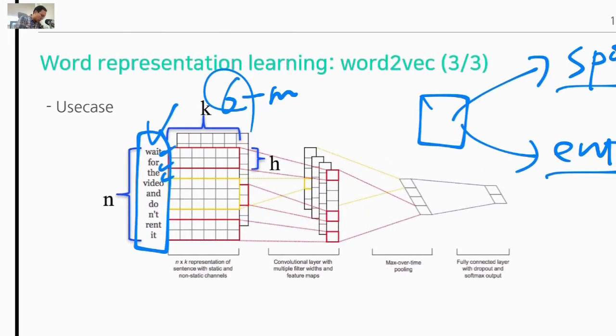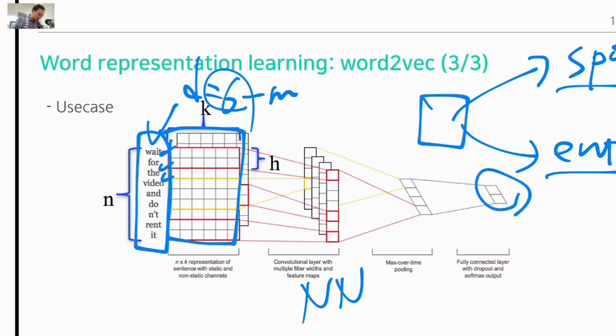Here D was 6. Then we have this information, and using some neural network technique, so let me give you the details about it later, we are able to find the label. That was the power of representation learning with word2vec.